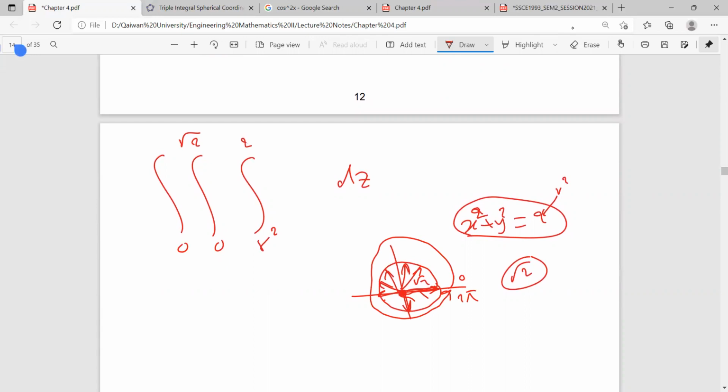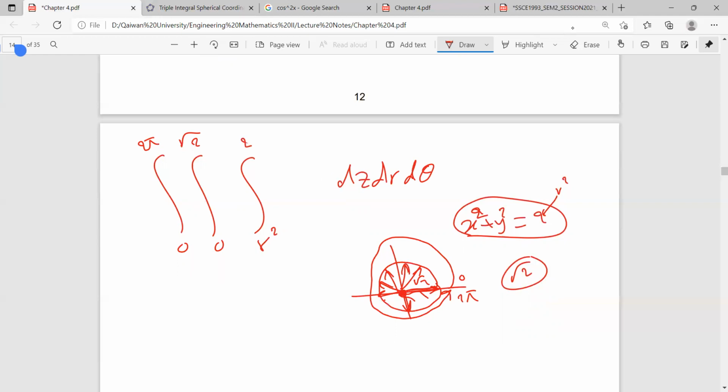So the third integral is from 0 to 2 pi, dz dr d theta. But here we must multiply by r because dx dy is r dr d theta. Here we have r already.